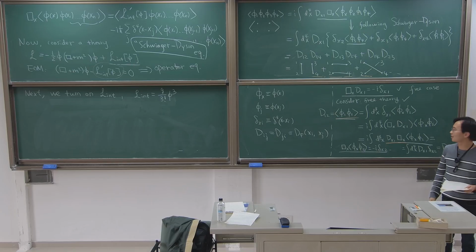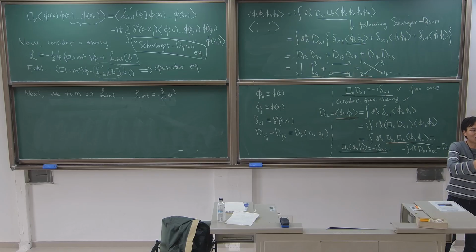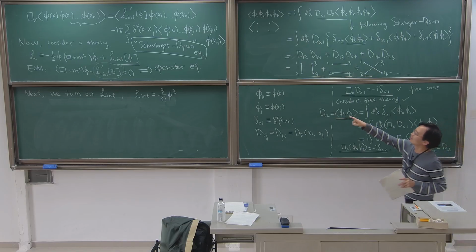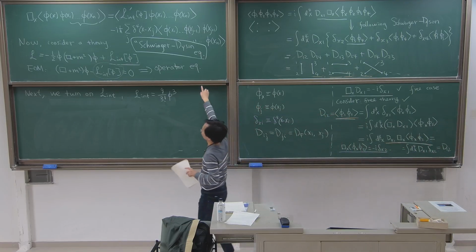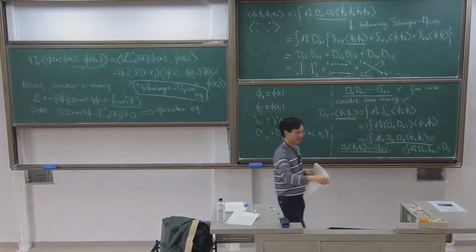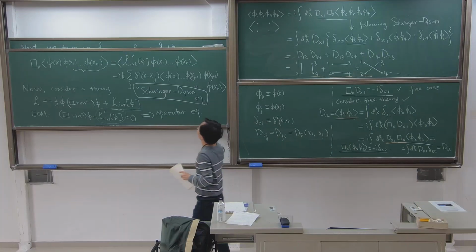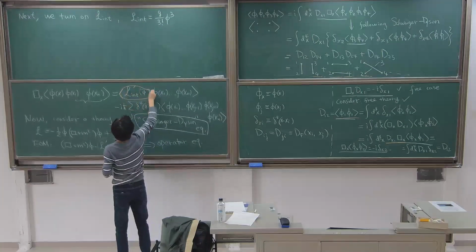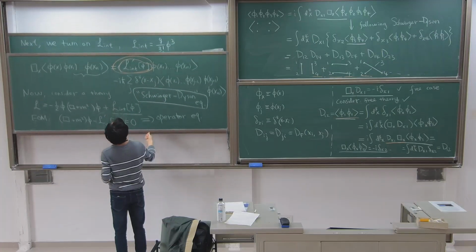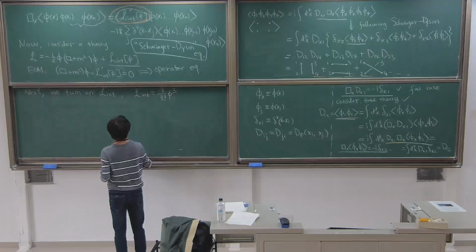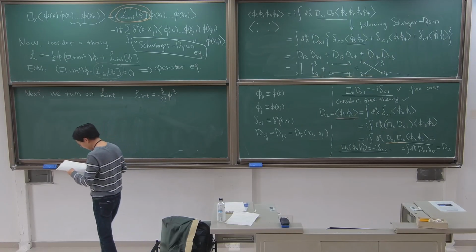In particular, if you're now trying to use Schwinger-Dyson, meaning that you try to shift the box operator into the correlation function, you cannot simply forget about this first term on the right-hand side, which is this term. This is the key difference, if we now consider the case of interaction.